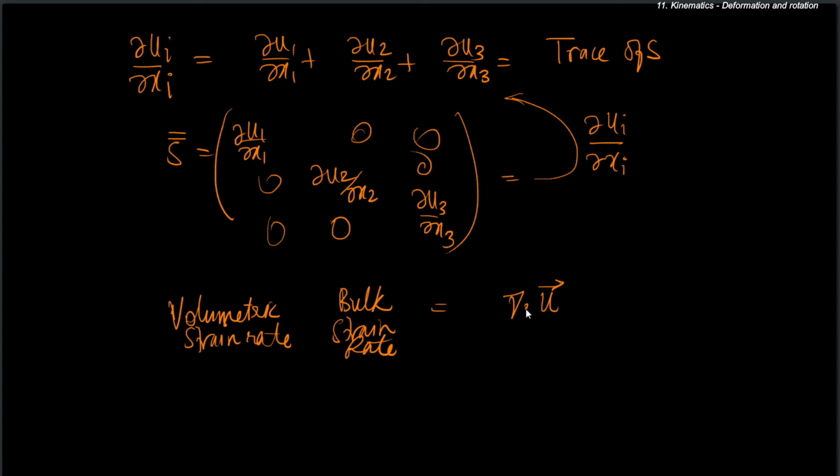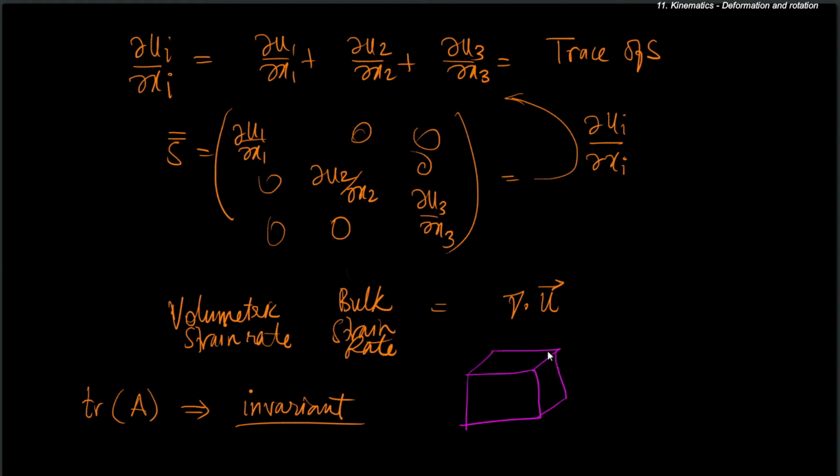And you may recall from first year mathematics that the trace of a matrix is also its invariant, meaning that the summation of these three terms would be independent of the coordinate system. And it should be obvious that if a flow is deforming an imaginary element, the volume of the imaginary element should remain conserved regardless of the coordinate system.